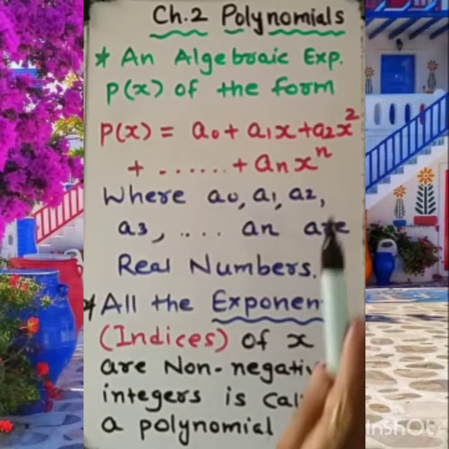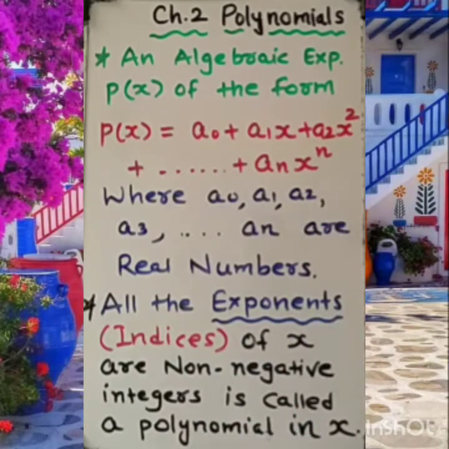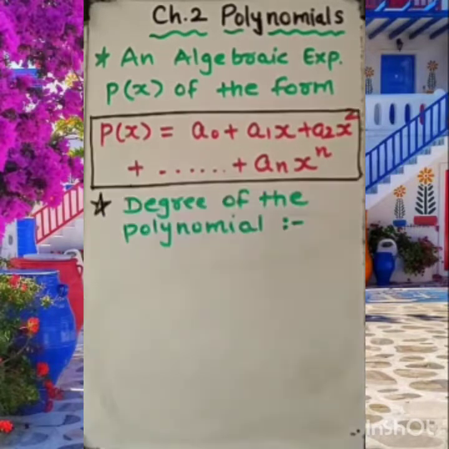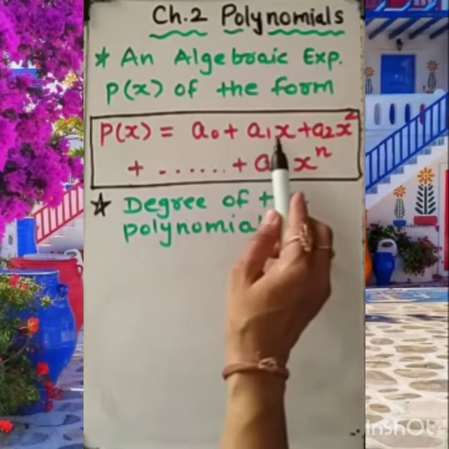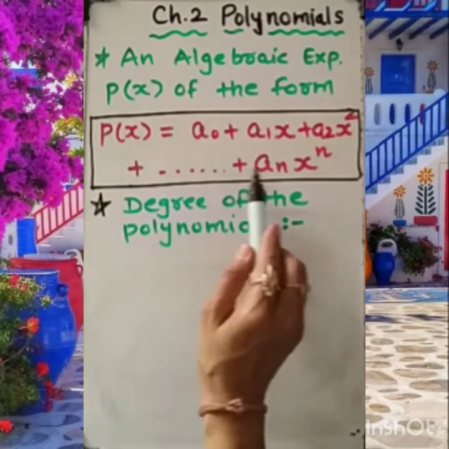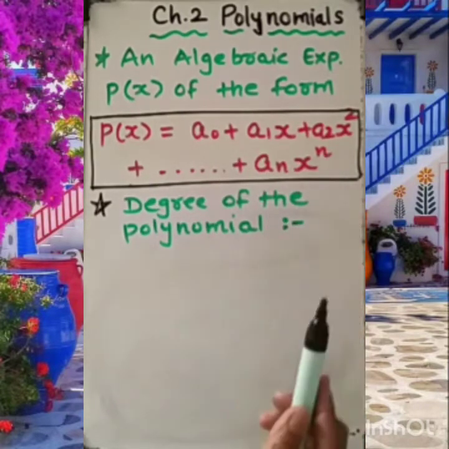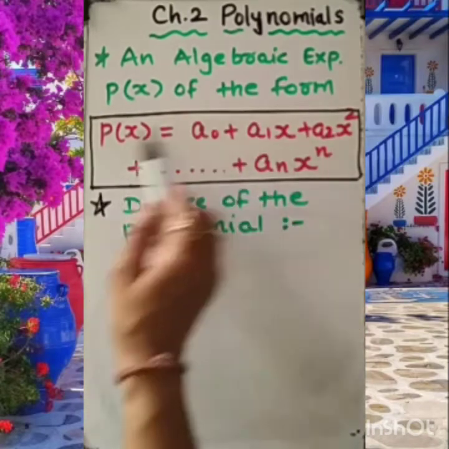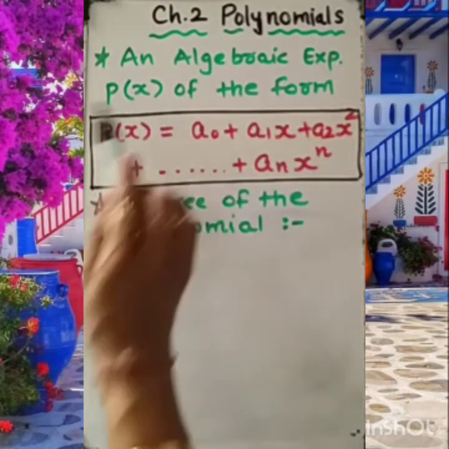The power should always be a non-negative integer. Okay, dear students, now as we have seen, P(x) equals a naught plus a1 x plus a2 x squared plus a3 x cubed plus so on, an x to the power n. This is the general form of the algebraic expression P(x).